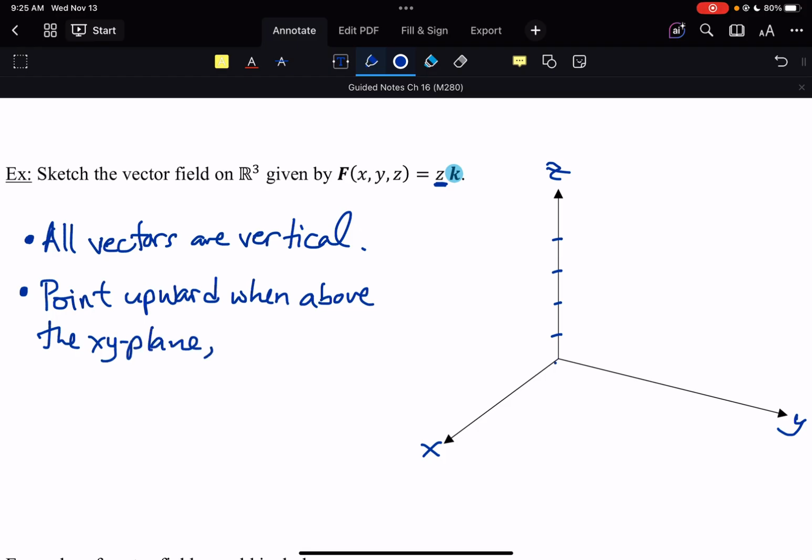And similarly, when we go down below the xy plane, z is negative, so the vectors will be negative as well. They will point downward when below the xy plane.